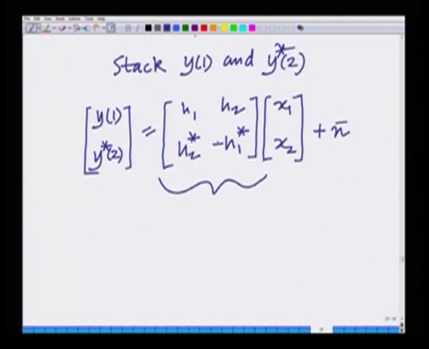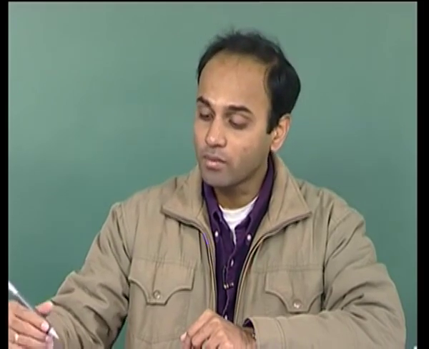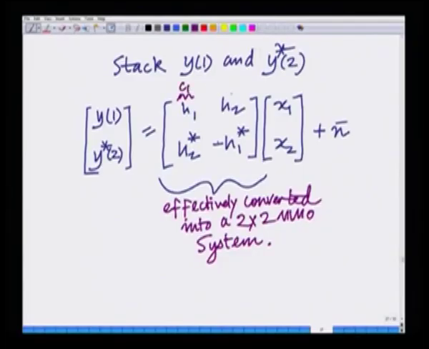So, now what I have is effectively converted into a 2 cross 2 system by this intelligent scheme suggested by Alamuti. I have taken a 1 cross 2 system and effectively converted it into a 2 cross 2 MIMO system. In fact, this is column 1, this is column 2. Now, you can see that column 1 is orthogonal to column 2.